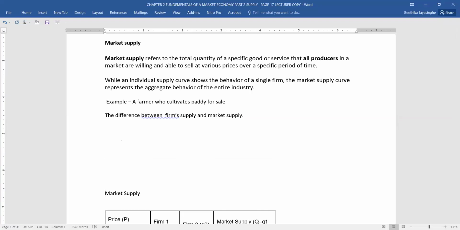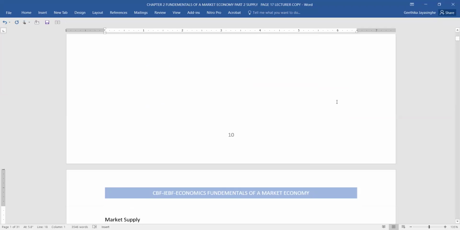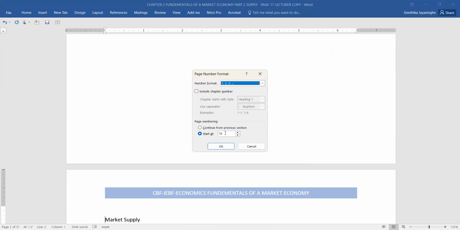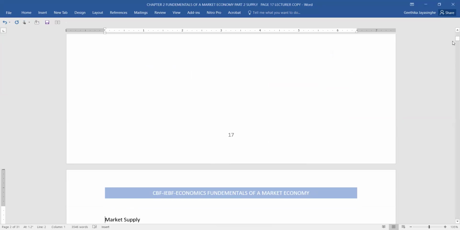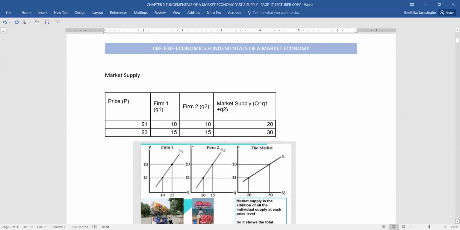Yes, your page is 17, so you may write that on page 17. In that space, do write the calculation of market supply.